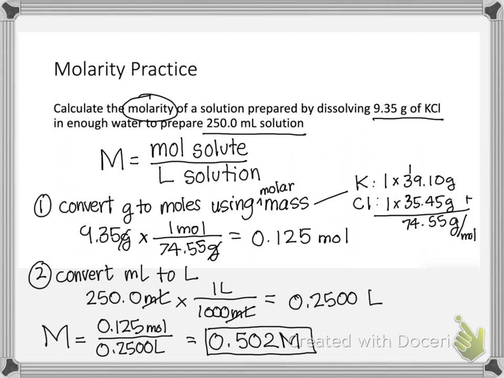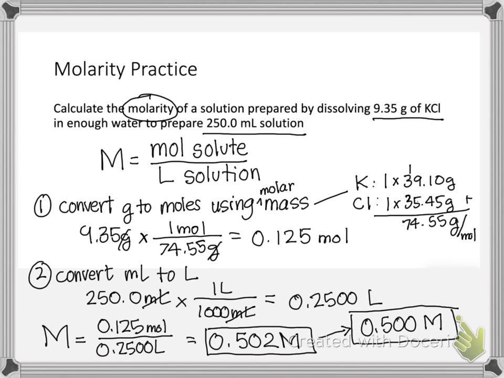Now I'm curious. If I rounded at an intermediate step, then I would get 0.500. Now, for me, it's not a big deal, but it could be in your homework.